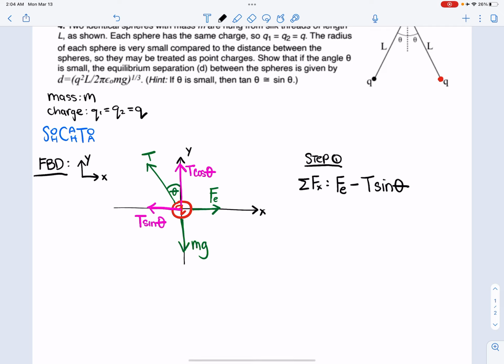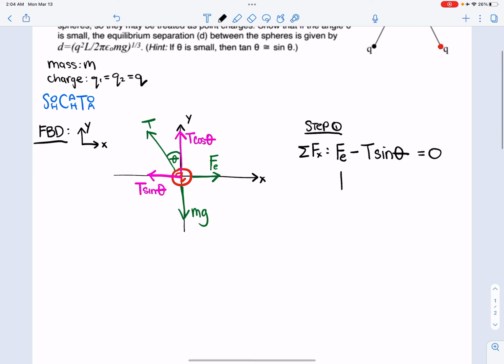It's minus because the x component of tension is pointing towards negative x, right? So that equals 0. Therefore, my electrostatic force is equal to the x component of tension, t sine theta.